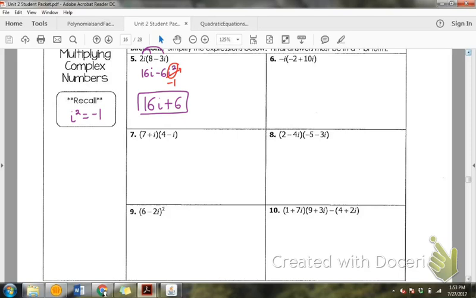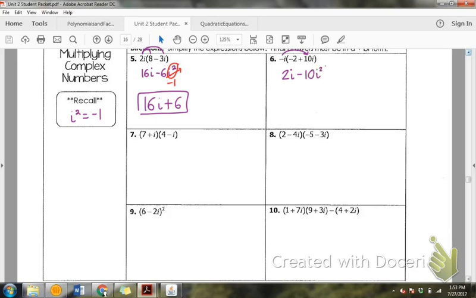Okay, number 6. -i times -2 is going to be what? 2i. Plus 2i. Then -i times 10i gives you -10i squared.